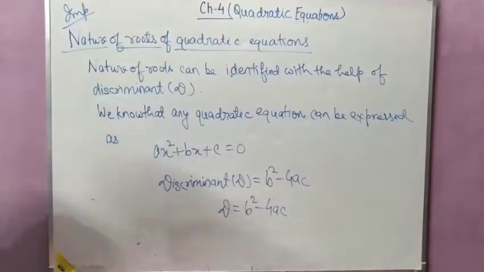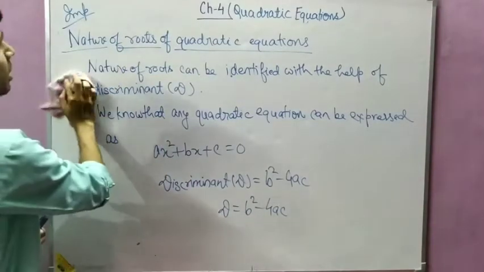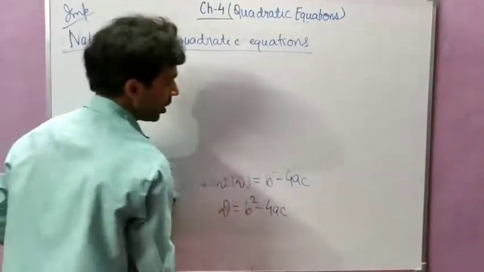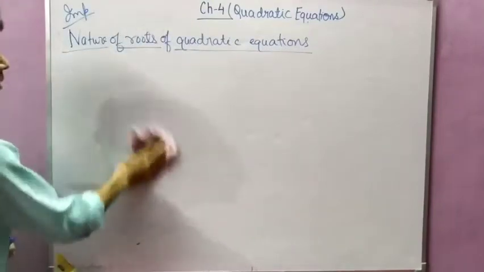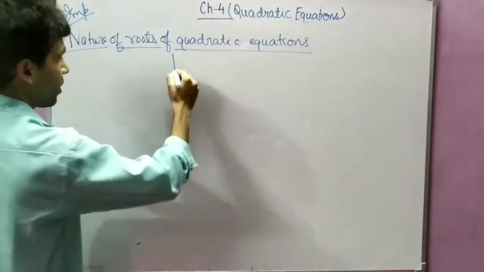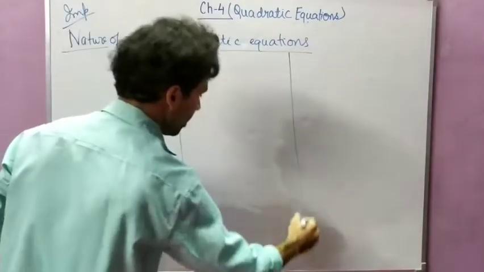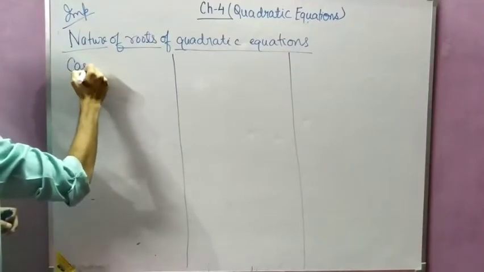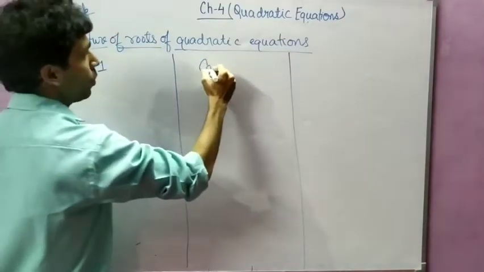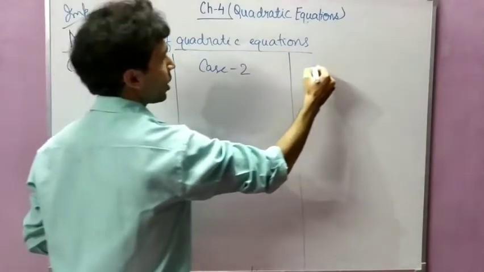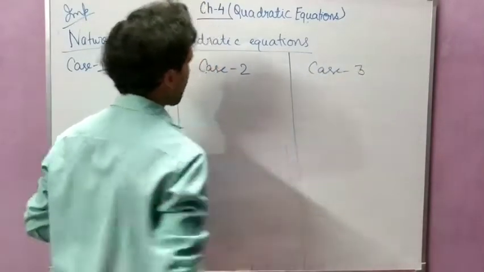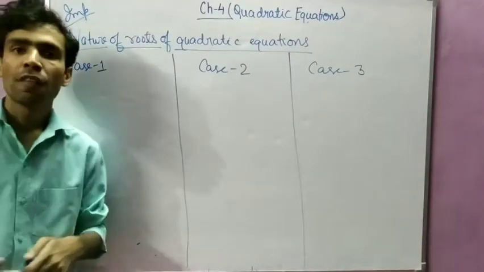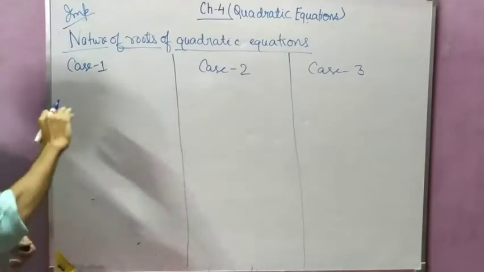Now there are three cases to identify the nature of the roots. Okay, so I will divide this board into 3 columns. First column is this, second column is this, and third column is this. So we will take 3 cases: case 1, case 2, and case 3. After calculating the value of the discriminant, that is D, we will take 3 cases.